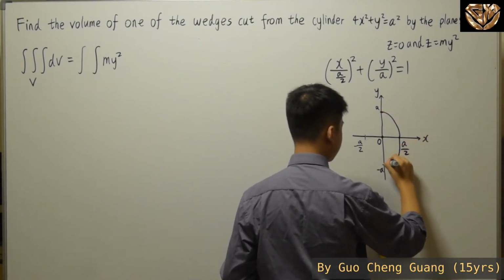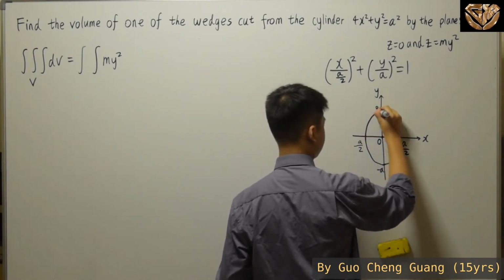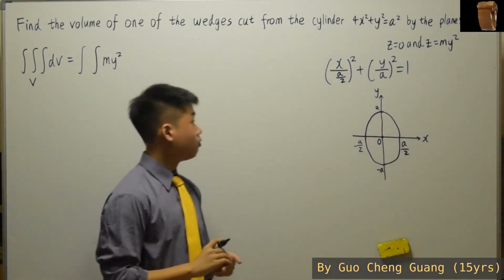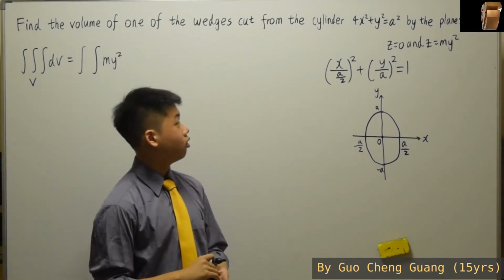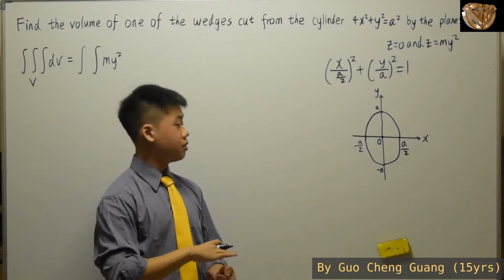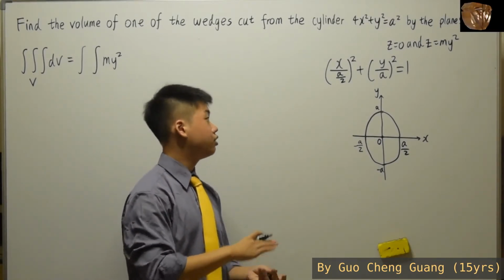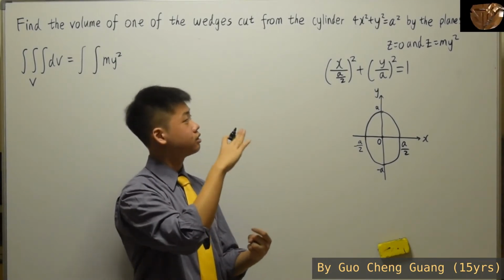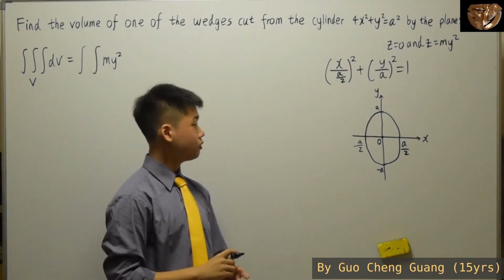So in this case, you're going to see something more of an ellipse. So this is pretty much what your base area is like, or should I say, it's pretty much your entire volume. It's just that at the top of it, it is limited by z = my².